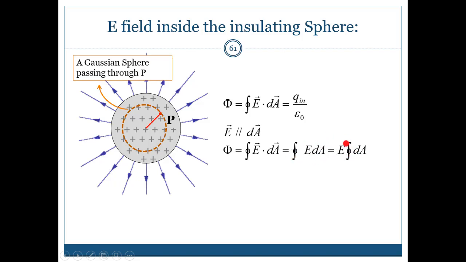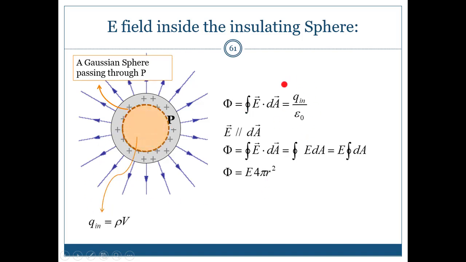Also, they will be the same distance to the charge, hence the E will come out of the integration. So all I need to do again is calculate E times the area of my Gaussian sphere. So E times 4 pi r squared, small r being the distance to the center from this point P, which is now the radius of my Gaussian sphere. So E times 4 pi r squared for flux.